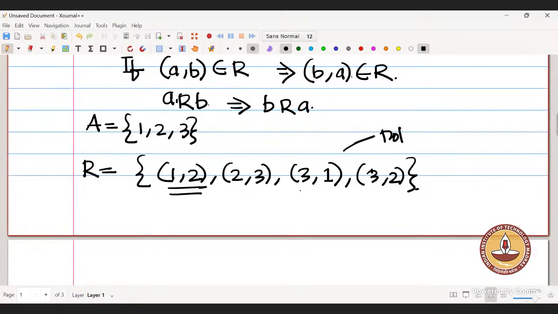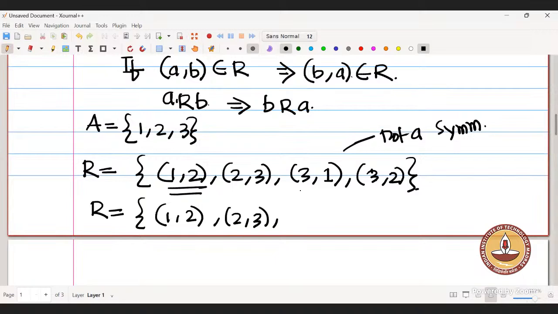Not a symmetric relation. So instead of this relation, if I consider this relation (1,2), (2,3), let's say (3,2), and (2,1), then as you can see, this new relation is a symmetric relation because I have (1,2) and I have (2,1), right?